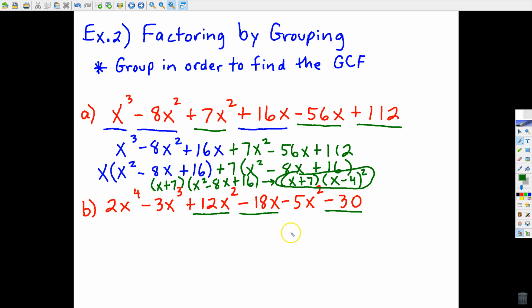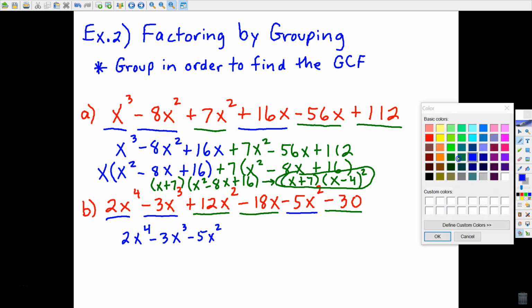So you can try putting those together as a group. And the other numbers that remain should have something in common. And they have x squared. You can divide x squared into each of them. So I'm going to write the blue terms. Here's the blue group. And then we'll do the green group.